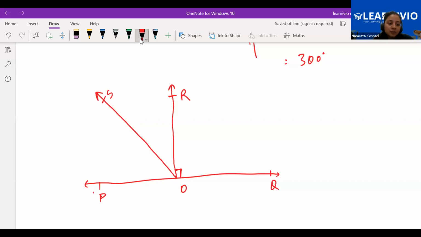It is given that angle XYZ is equal to angle X. Wait, I think I'm reading the wrong question.